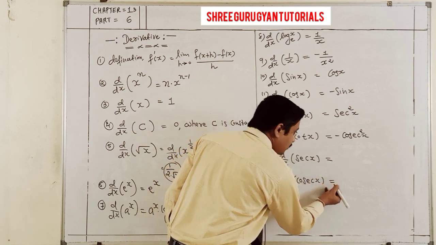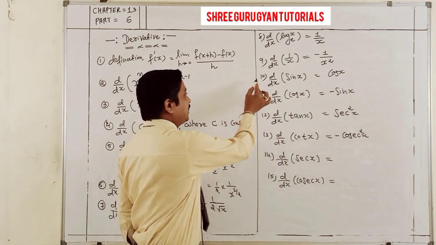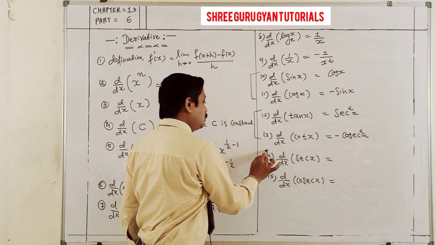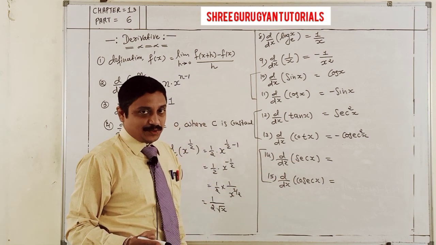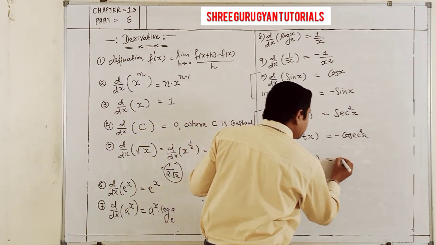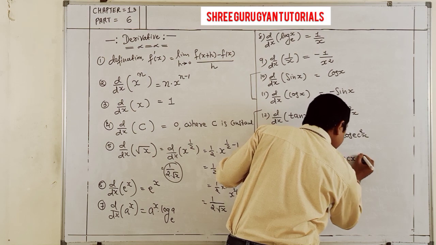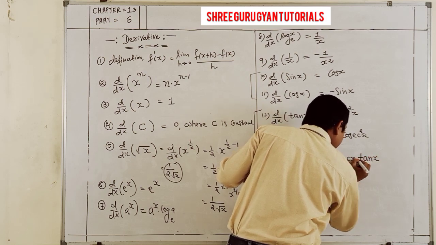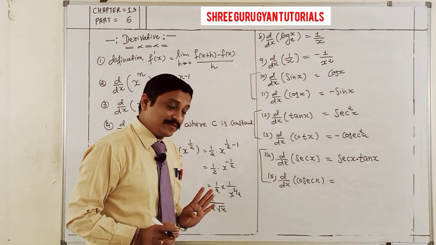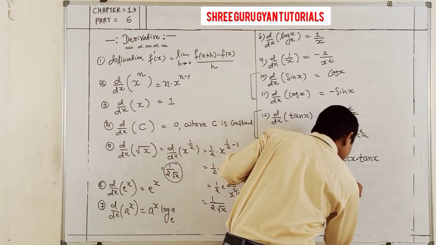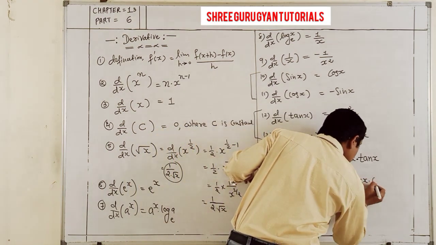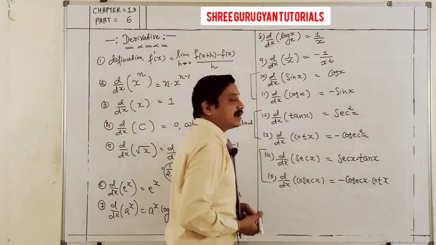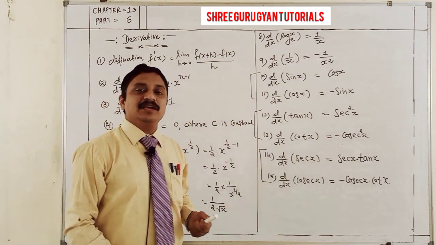These are simple pairs to learn by heart. First learn this pair, secondly that pair, and lastly that pair. Now sec x derivative is sec x into tan x, and cosec x derivative is minus cosec x into cot x. These are the simple basic formulas.